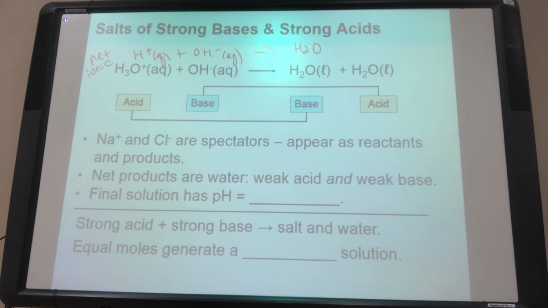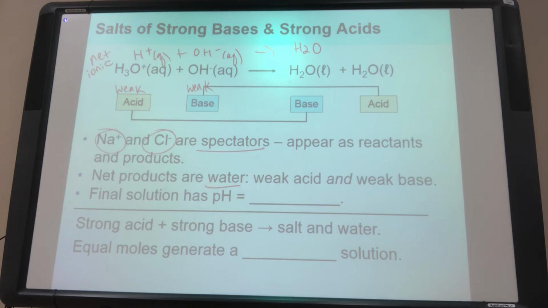What happens is, these are the only guys that are doing anything. My Na+ and my Cl- are spectators. They're reactants, they're products, they're not doing anything. So the only thing that's actually reacting together is going to be my H3O+ and my OH-. One's going to be an acid, one's going to be a base, and that's where we get my waters. So the net products are water, because I get that from a very weak acid and a very weak base. And so weak acid, weak base ends up giving me my waters.